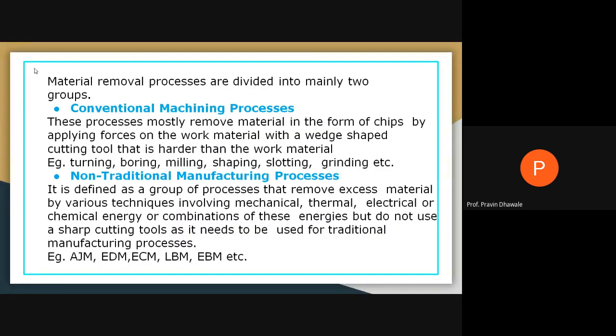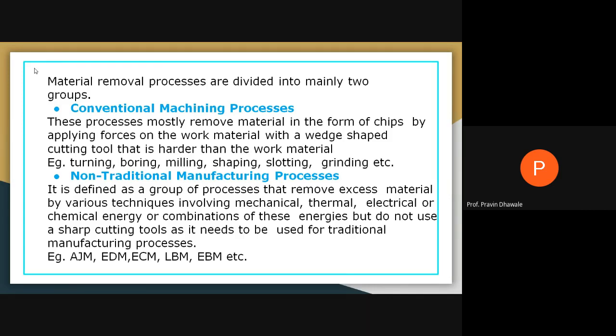Also, we are focusing on the material removal processes we studied earlier, last year, in the manufacturing process subject. They are broadly divided into two types: the conventional machining process and the non-conventional machining process.